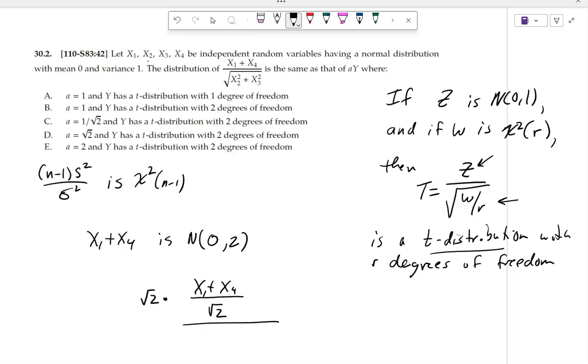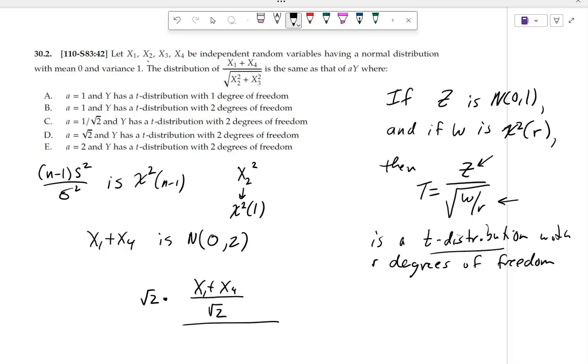What kind of distribution are x2 and x3? They are standard normal. What do you get when you square a standard normal? Chi-squared on how many degrees of freedom? I have a single standard normal and I square it, I get a chi-squared of 1.